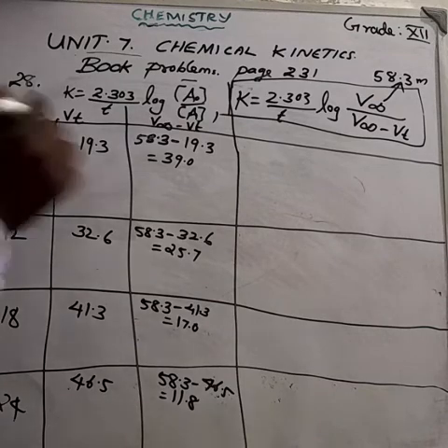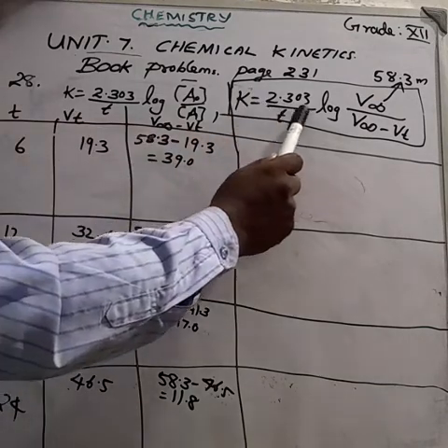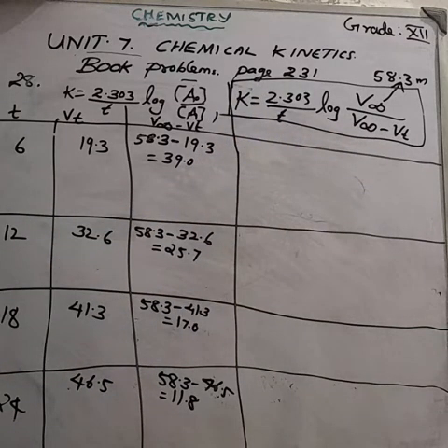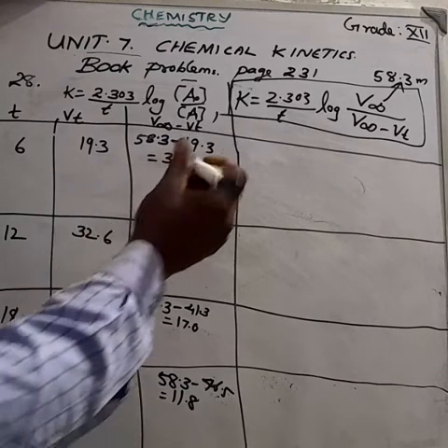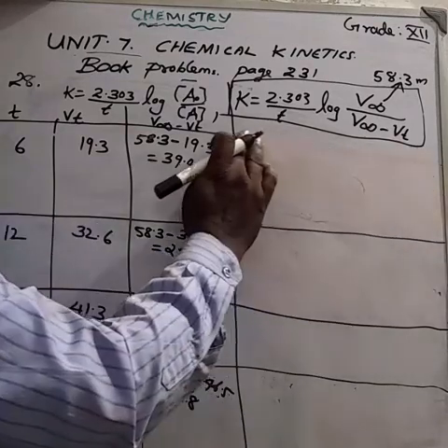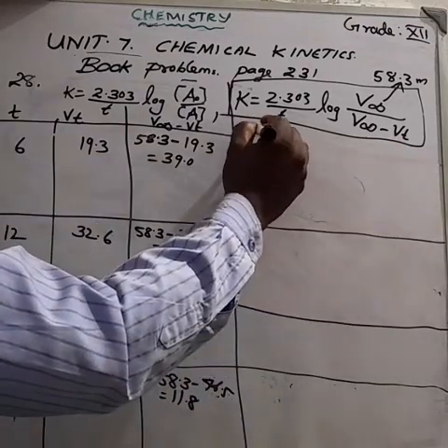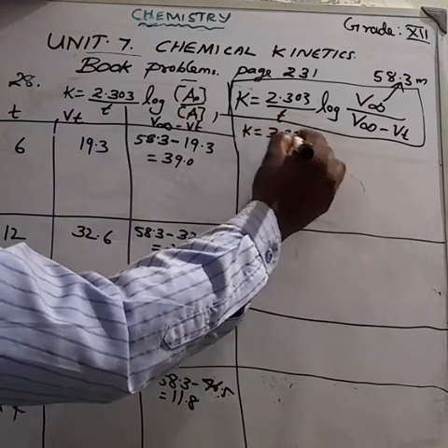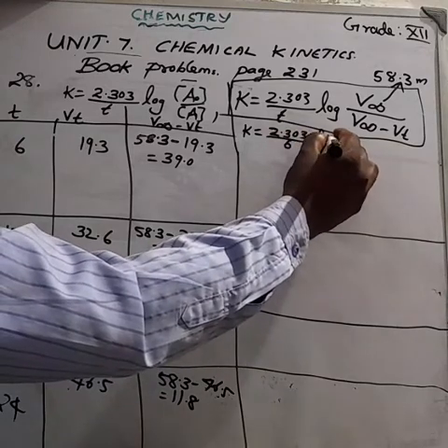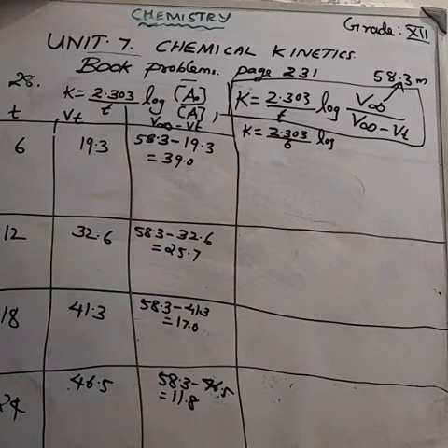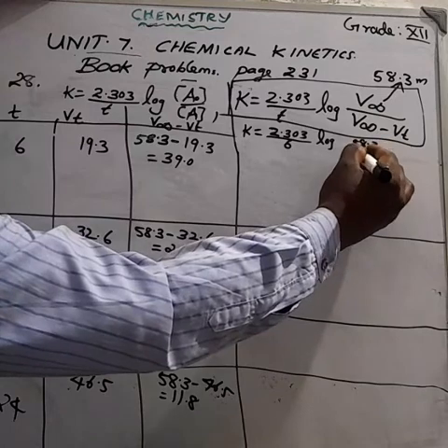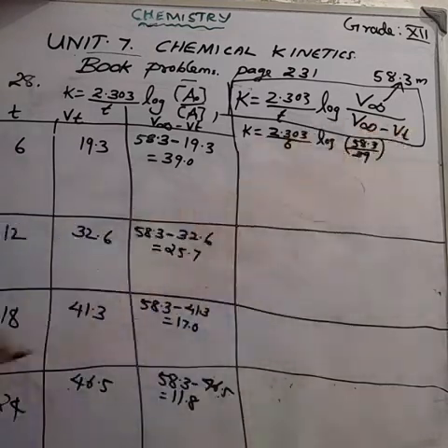We know the formula. What is the formula here? K is equal to 2.303 divided by T log V infinity divided by V infinity minus Vt. Am I right? So we substitute here. For 6 minutes, K is equal to 2.303 divided by 6, log 58.3 divided by 39. So you have to take the log of 58.3 and the log of 39.